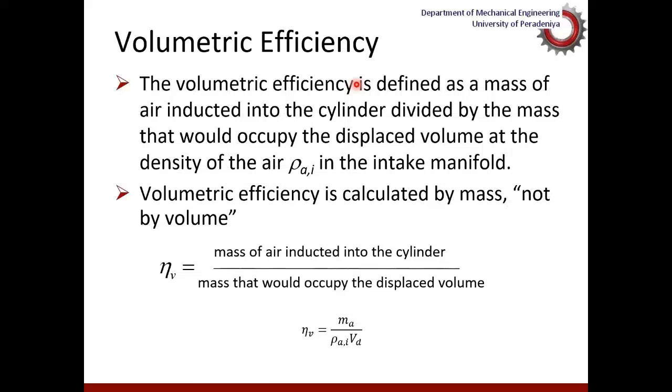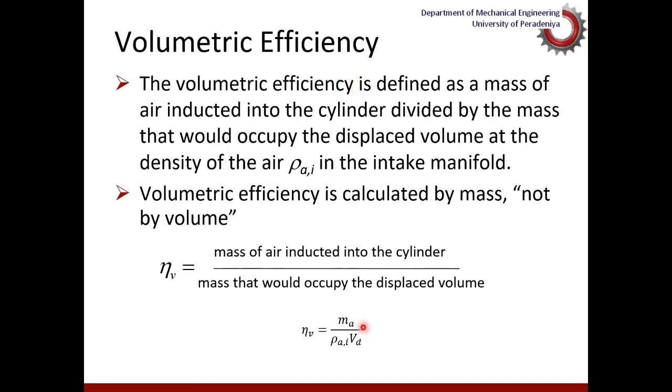Now, I also introduced earlier this volumetric efficiency, which is the mass of air induced into the cylinder divided by the mass that would occupy the displaced volume. It is a very important parameter for deciding the performance of the intake system of an engine.